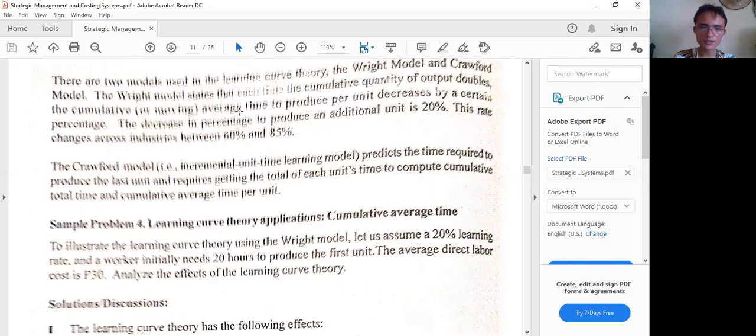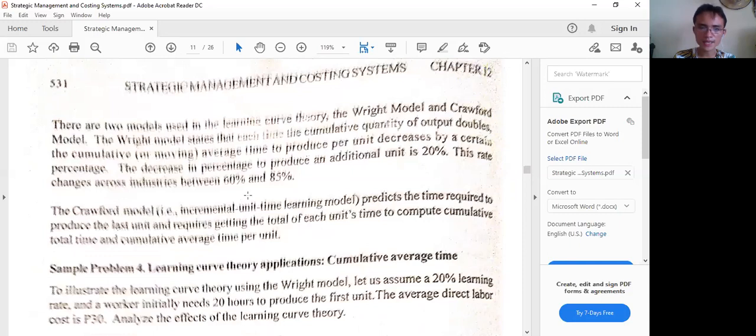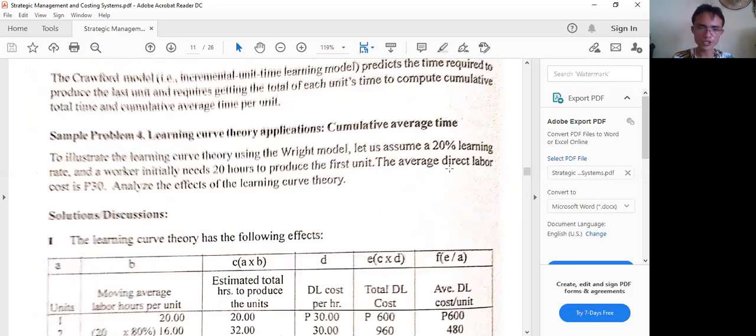So going back to the theory, cumulative quantity of output doubles, so 1, 2, 4, 8, 16, 32, then the cumulative or moving average time to produce per unit decreases by a certain percentage. It's 20% for this example, but it can change depending on the industry, most especially if it is machinery we are talking about, which would have higher rates of decrease in percentage.